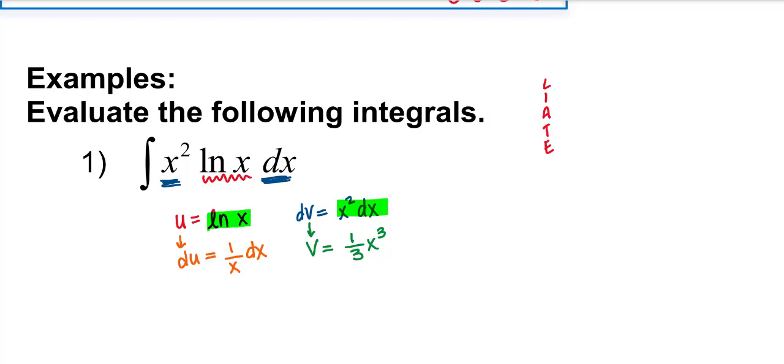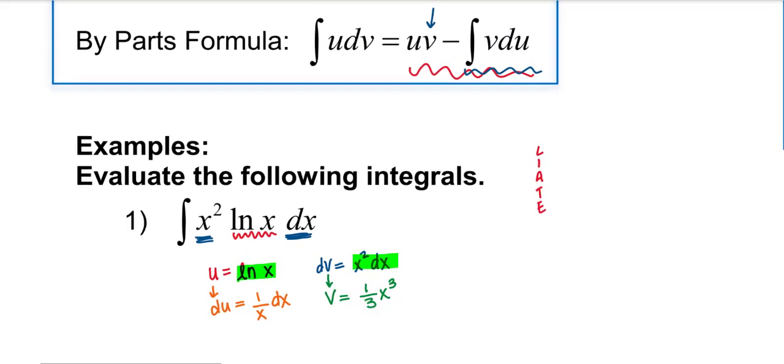Okay, so now if I'm looking at my by parts formula, I just have that product u times v. If you set all these problems up the same way, you're going to find that your product always occurs in the same places. So my u times v is always on this diagonal, and then minus the antiderivative of v du.